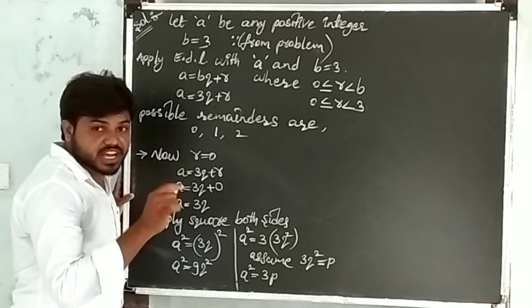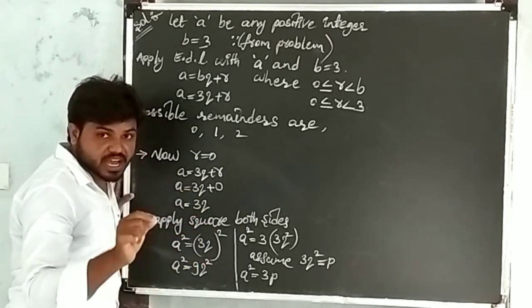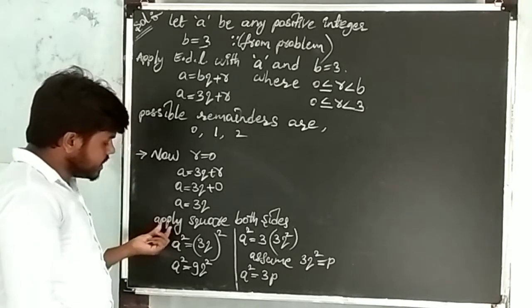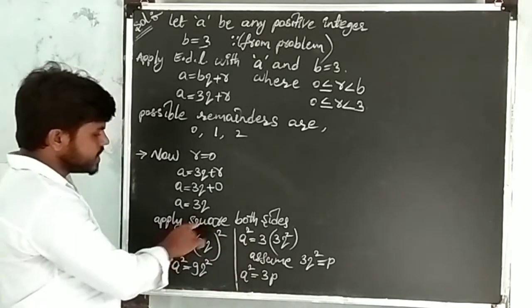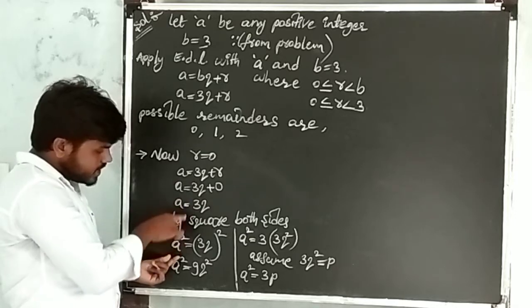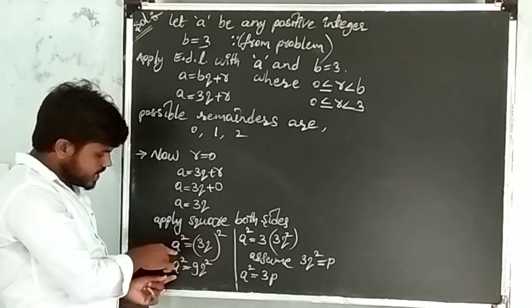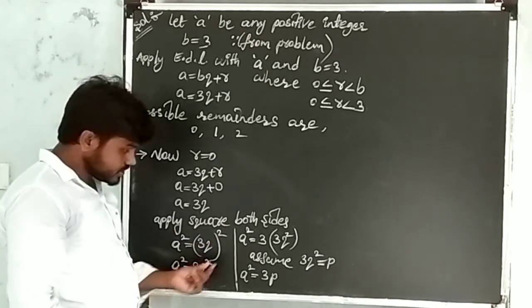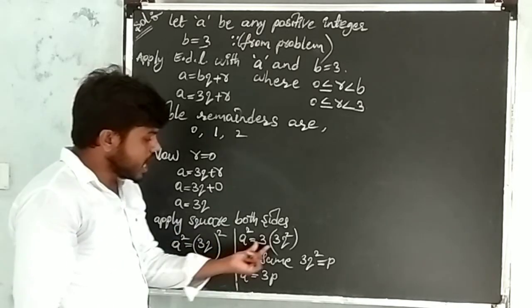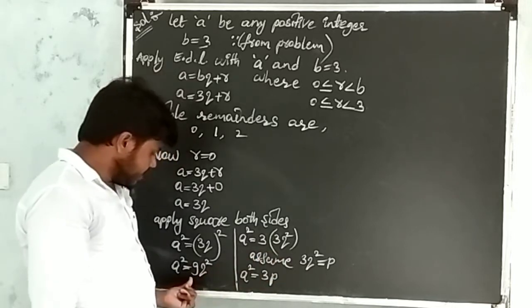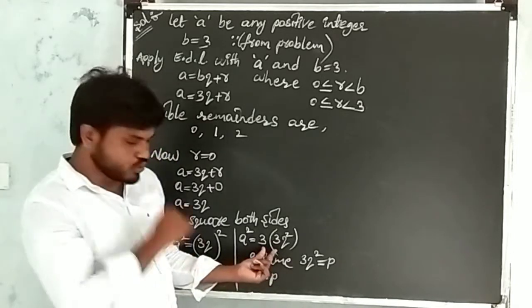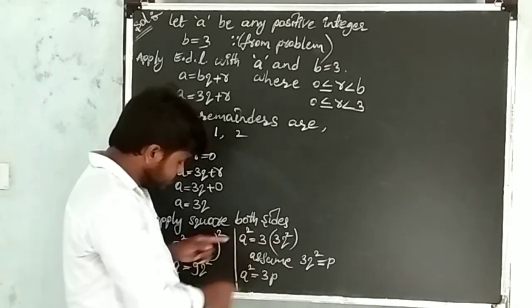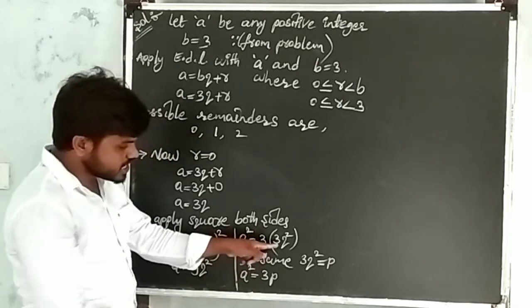We need the square of an integer to be of the form 3p or 3p plus 1, so I applied square on both sides. A square equals 3q whole square, which is 9q square. From this 9q square I took 3 outside. When I took 3 outside, what is left here?